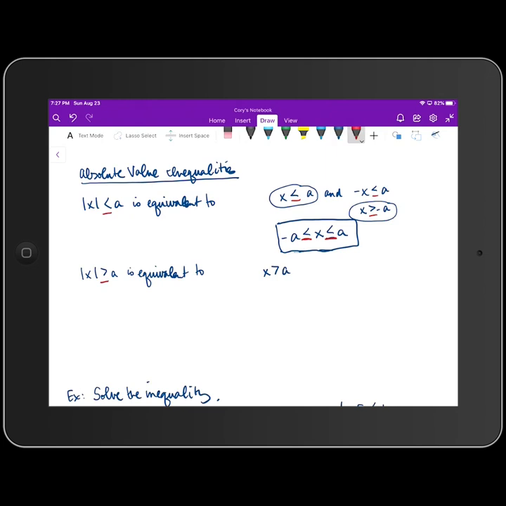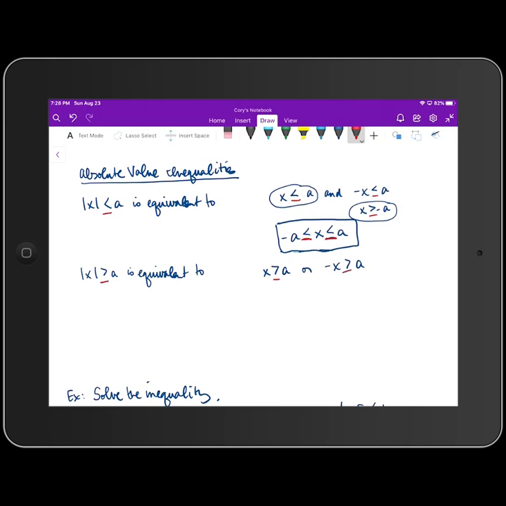So we're going to make x greater than or equal to a. And then you're going to separate that with or. The second possibility is what's inside the absolute value bars is negative. So if we're taking the absolute value of something that's negative, I can rewrite the absolute value of x as -x, which is also greater than or equal to a.